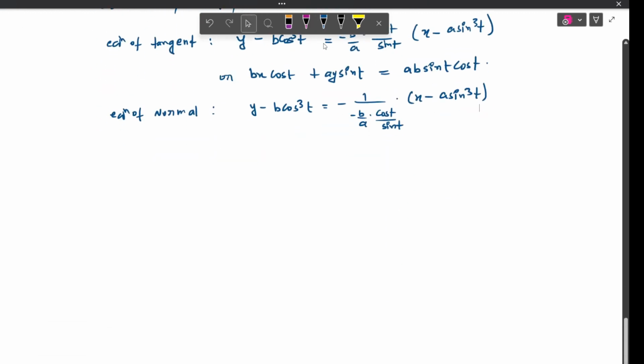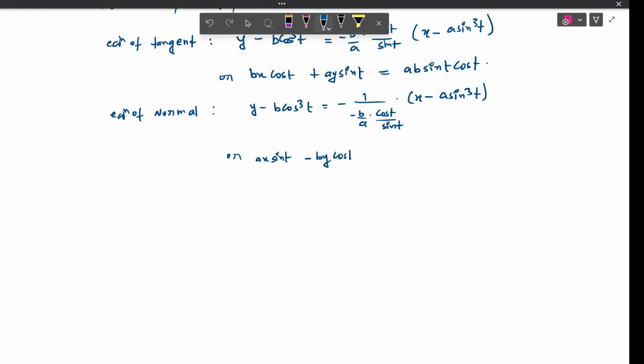So if you simplify, you will get the equation as ax sin t minus by cos t equals a square sin to the power 4t minus b square cos to the power 4t.